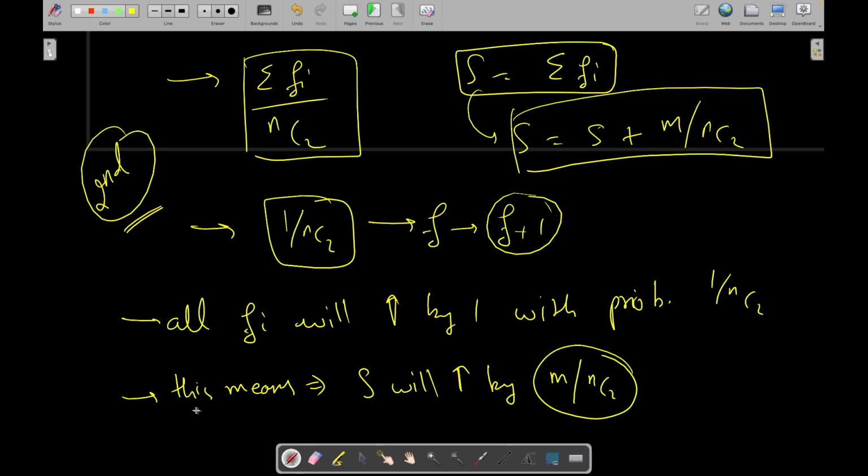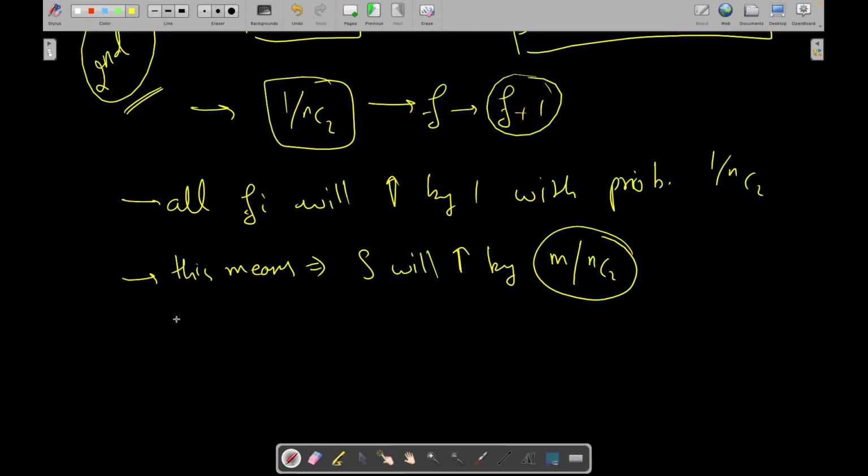Since there are m pairs, I can simply multiply this value by m, since one is occurring at most m times. So this is the expected value by which my summation will increase. And for each value of k, for i equals 1 to k minus 1, my answer is equal to summation upon NC2.